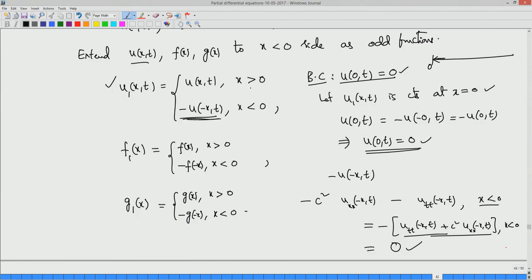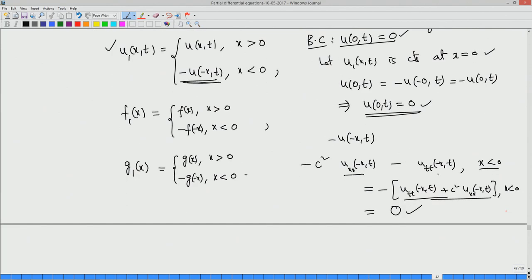Now, you assume that they are smooth enough, u_xx, u_tt are all continuous at x equal to 0, then u1 is also satisfying the wave equation.